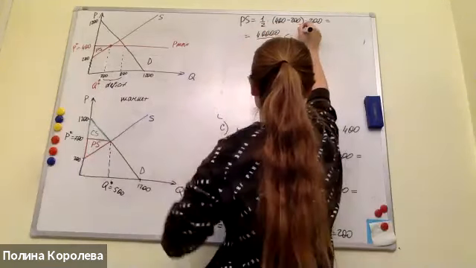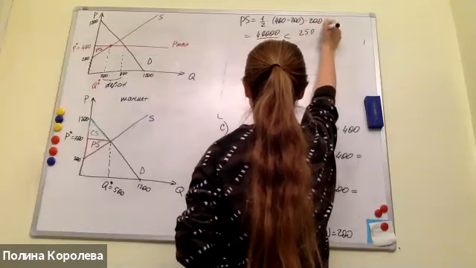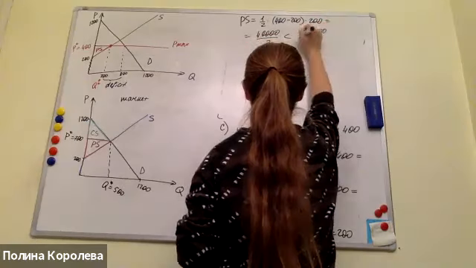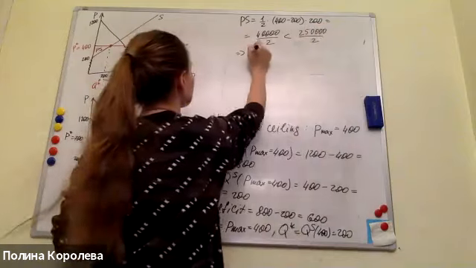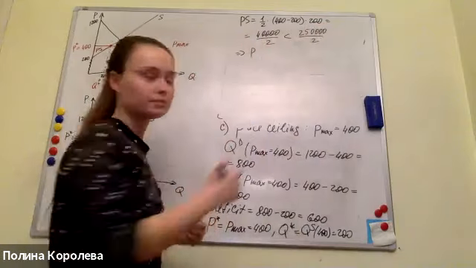It's less than it was before. So we conclude that producers are worse off.